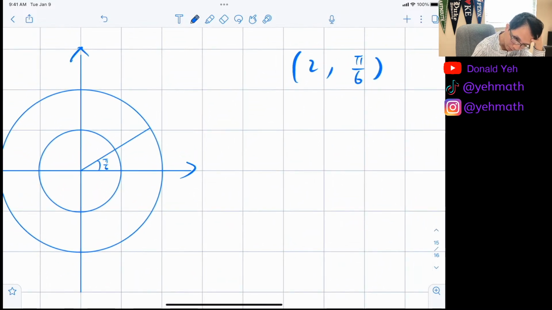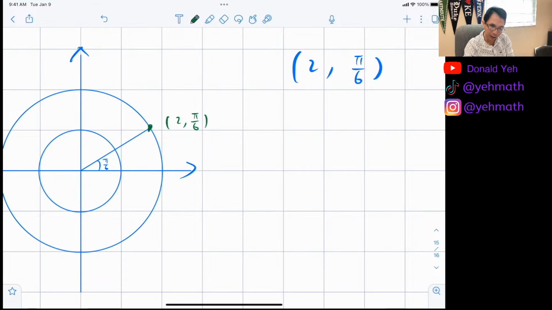is called (2, pi over 6). Why? Because you go into the second ring, which is the second radius, and then that is going to be pi over 6. But is that point always (2, 1)? No, it's different.